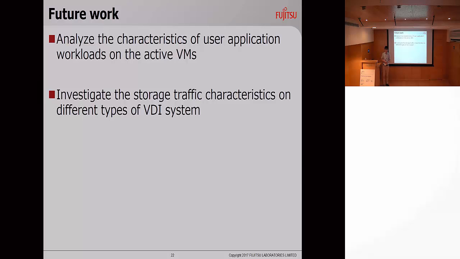Any questions? Yes? So, I think your work is really interesting. Just a small point. Isn't the obvious thing about the update storm to move the time of update to a time when active VMs are not active, like at night? Is that not the obvious conclusion there?